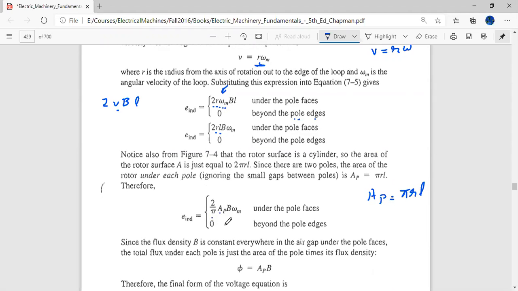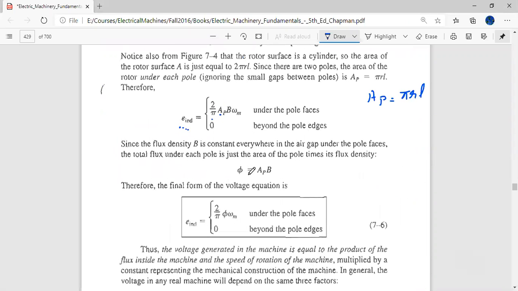So the induced EMF is equal to 2 over pi times the single pole area, multiplied by the magnetic field density B, times omega. And you also know that the flux is equal to the magnetic field density times the pole area, B into AP. So you can substitute this with phi.